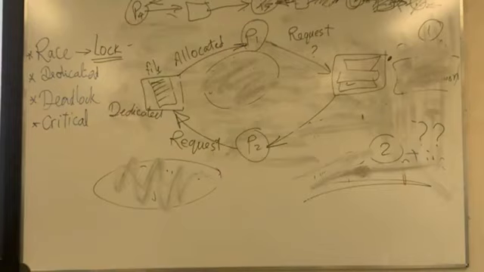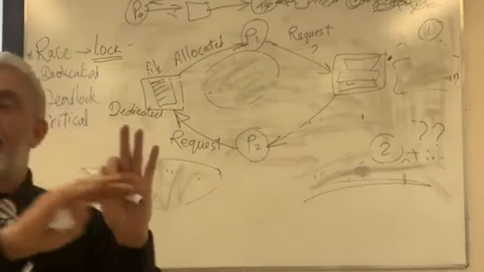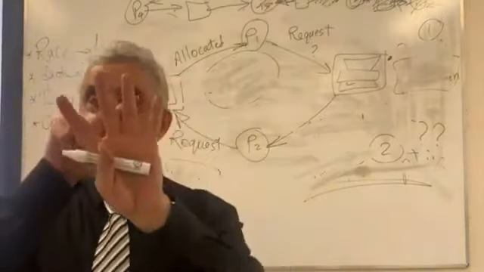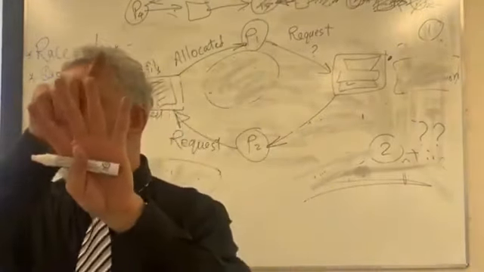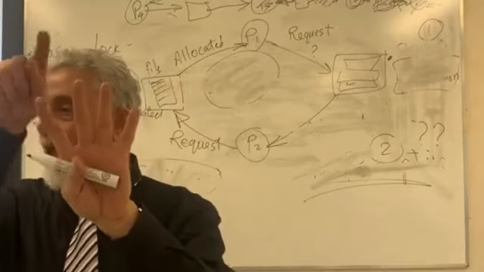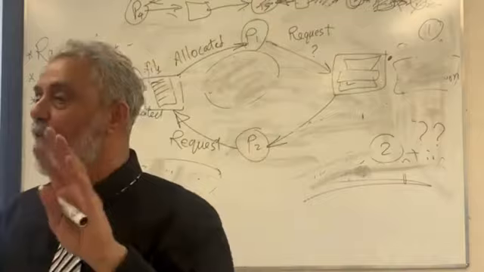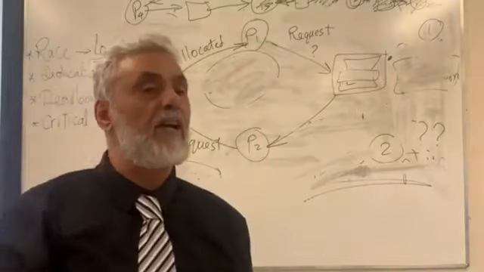That means we can have a deadlock, but only if the other 3 are also in the system. In order to prevent deadlocks, if we need condition 1 and condition 2 and condition 3 and condition 4, and we can remove one of those conditions from our system, then we will never have a deadlock.